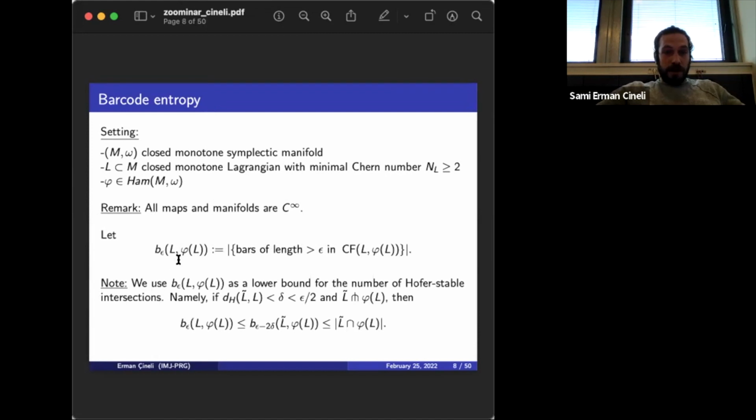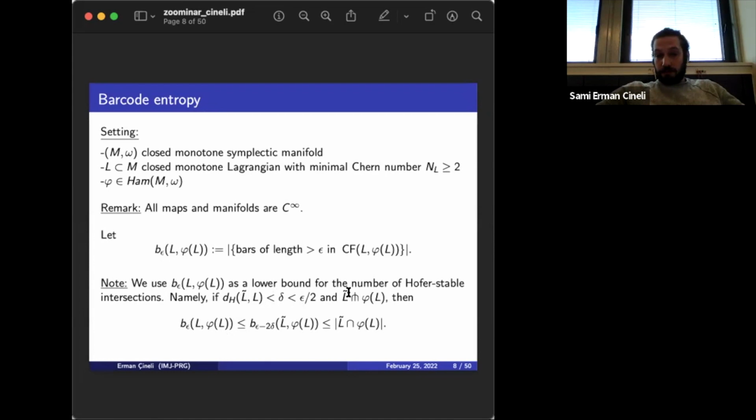For now, let me tell you how we use these numbers. These numbers give us a lower bound for the number of Hofer-stable intersections. Namely, if you take a Hofer-small perturbation of L, then from stability of barcodes, we get the first inequality here.